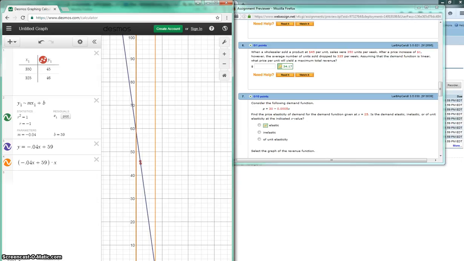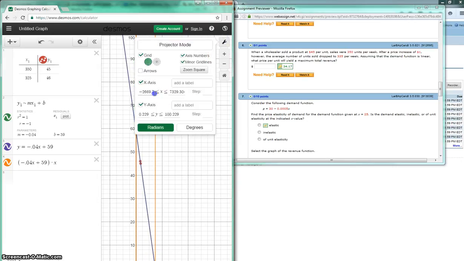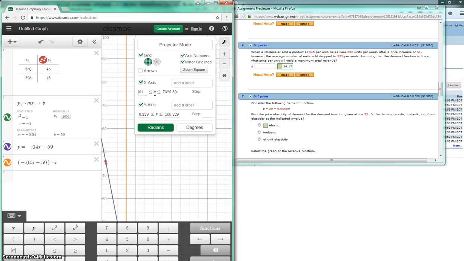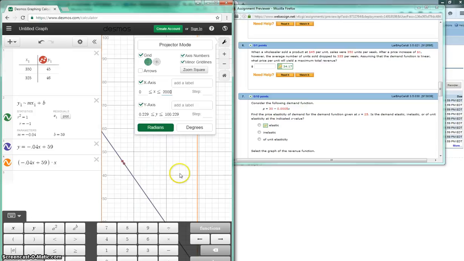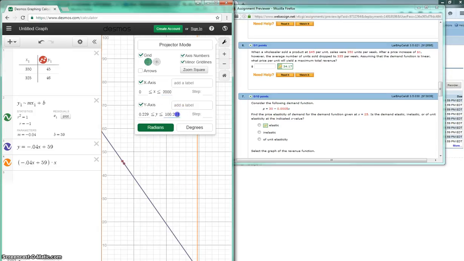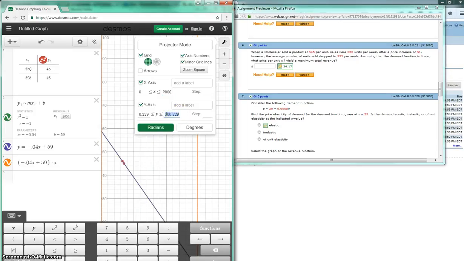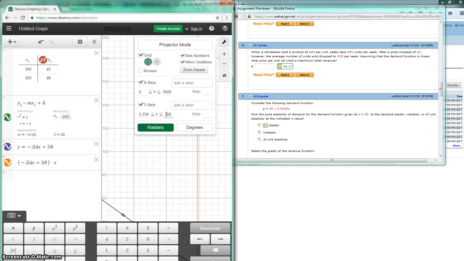So it's somewhere in between 0 and maybe 2,000 would be a good X value. So 0 and 2,000. But now I need to go up higher, so my price might have to go up higher. Maybe 2,000? Oh, jeez. Look at it go.